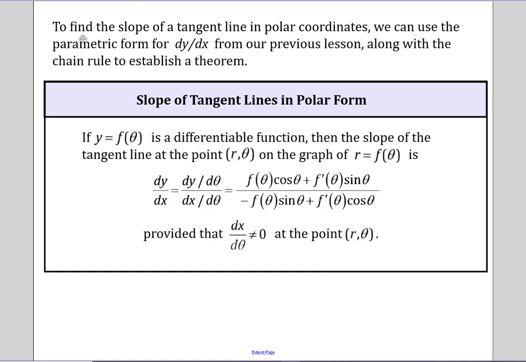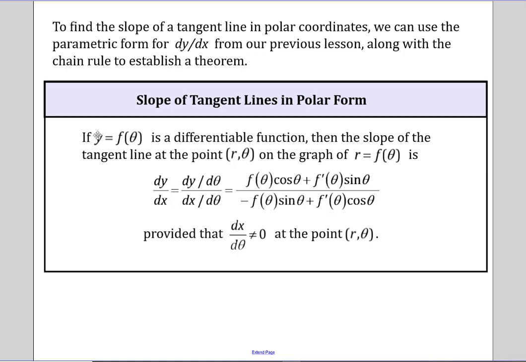Next, let's jump over to the slope of tangent lines in polar coordinates. In order for us to find the slope of a tangent line, we can use the parametric form for the derivative, dy/dx, from our previous lesson, along with the chain rule to establish a theorem.